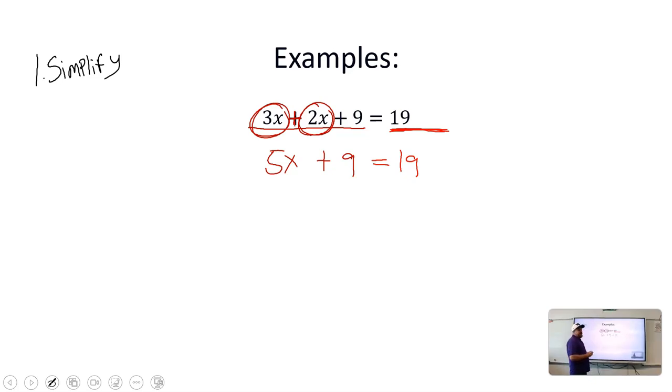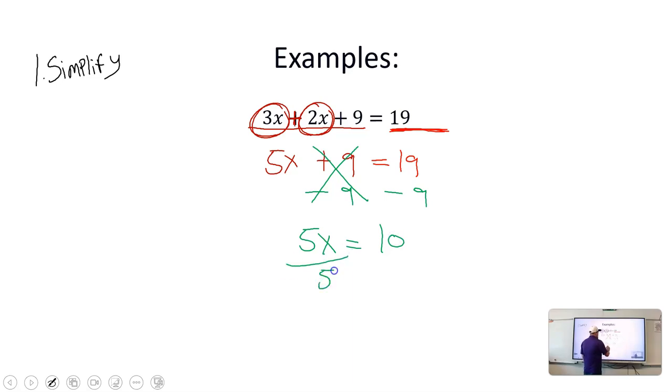And that just looks like a simple two-step equation. So let's go ahead and minus 9 from both sides first. 9 minus 9 is 0. So we end up with 5x equals 10. Divide both sides by 5. And x equals 2.